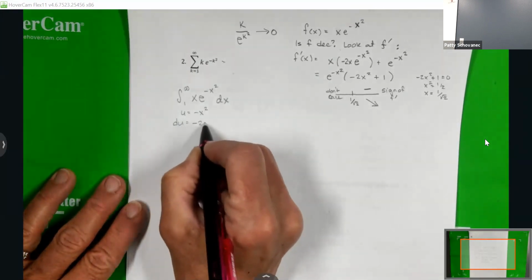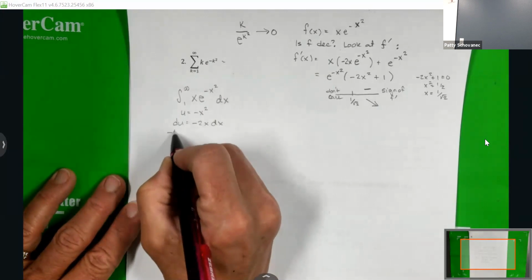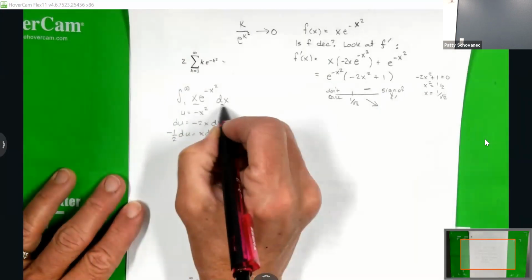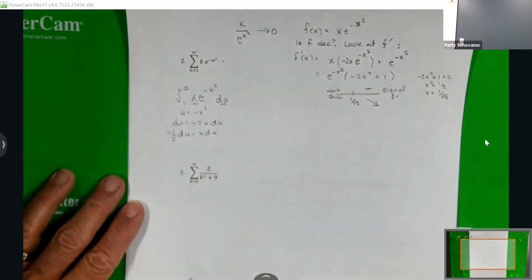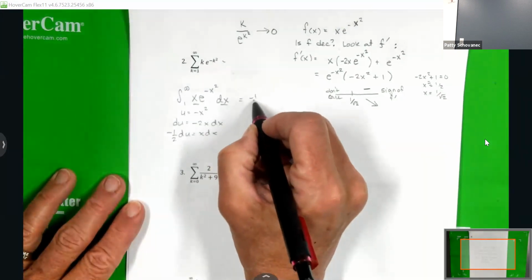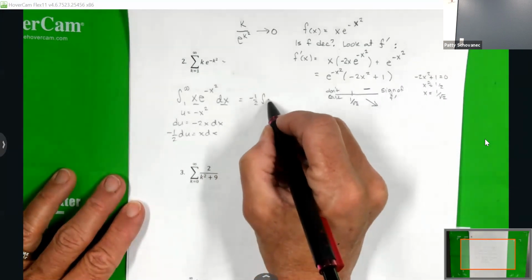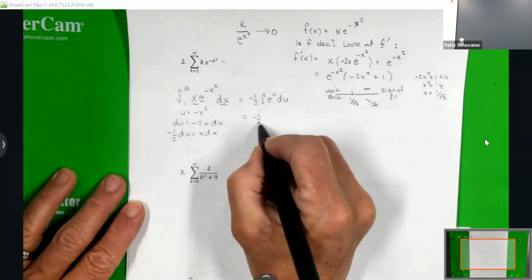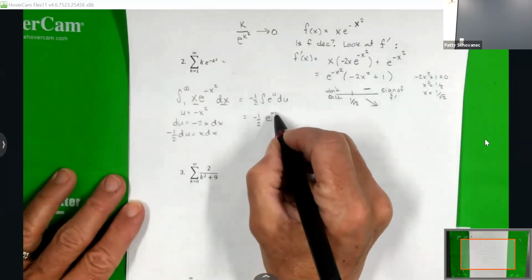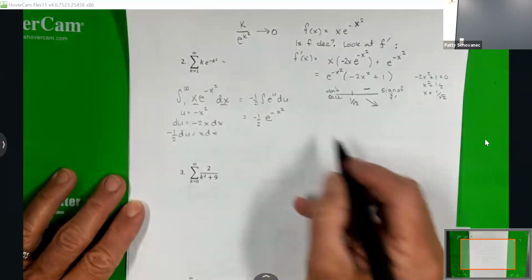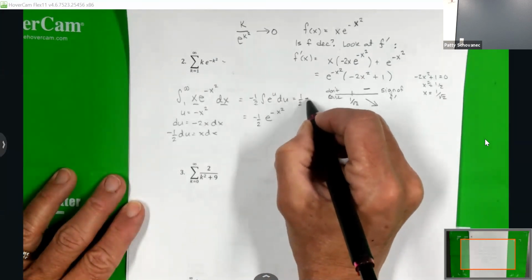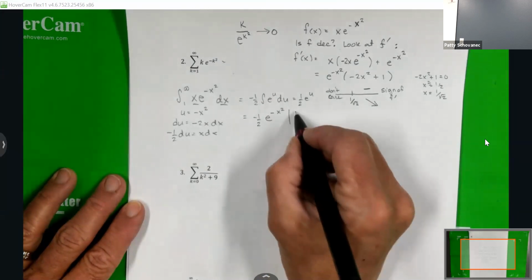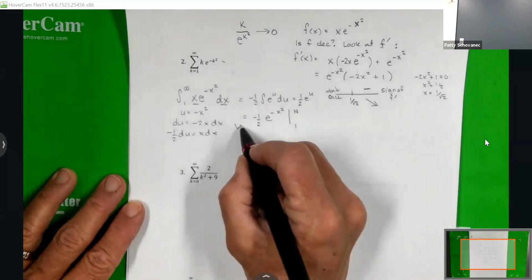Du is negative 2x dx, so negative 1/2 du is the x dx. So we're integrating negative 1/2 integral e to the u du, and that's going to give us negative 1/2 e to the negative x squared, because the integral of e to the u is e to the u. Then we evaluate this from 1 to n, and take the limit as n goes to infinity.